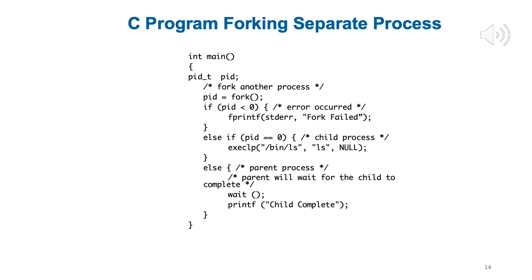So now note that fork will return different values to the parent and child processes. Okay, different values. So what is the difference here? What is it returning?